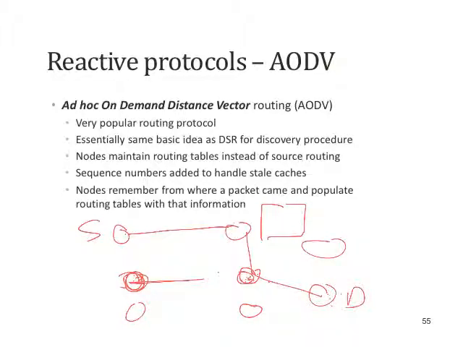Whatever I have now, I will decide based on that, which, as you said, may not be the best path, but this is now a compromise for me to minimize the overhead. Okay? Now I have a trade-off between the time to establish the end-to-end route, right? And whether this route is indeed the best route or not.